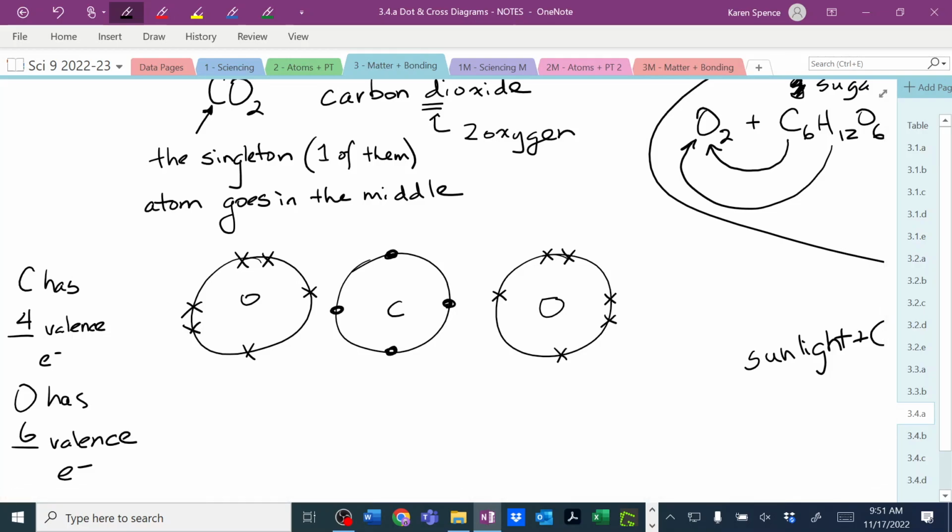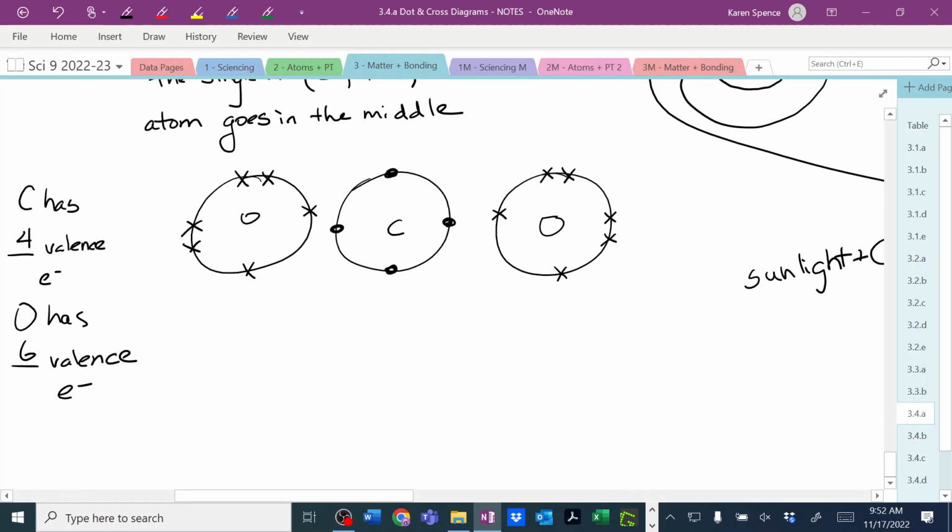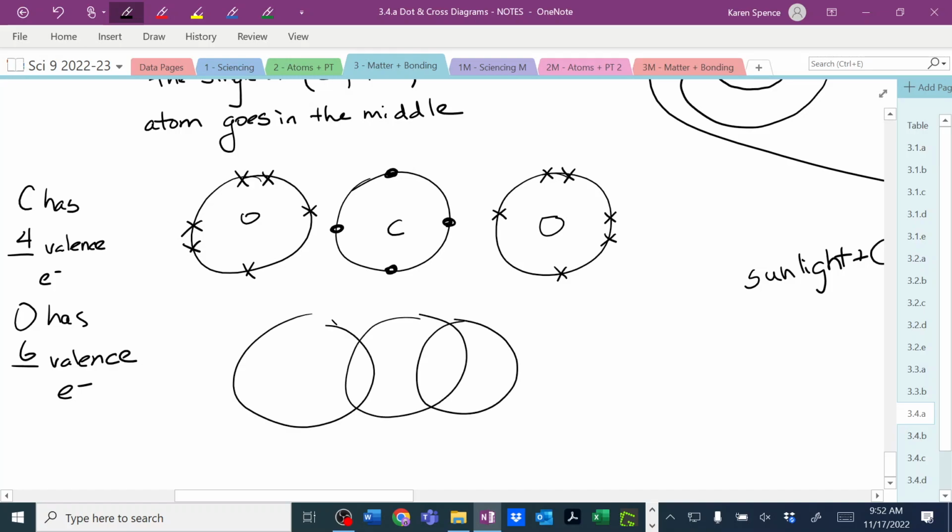How could we have these guys overlap so that everybody ends up with 8? Exactly.